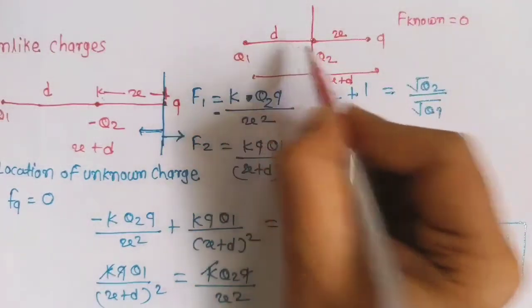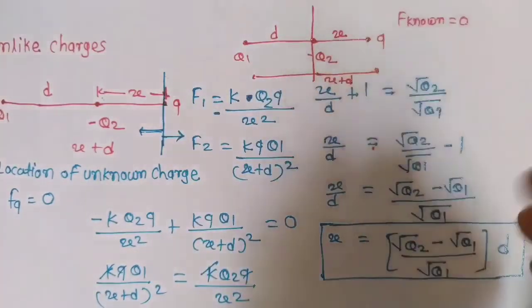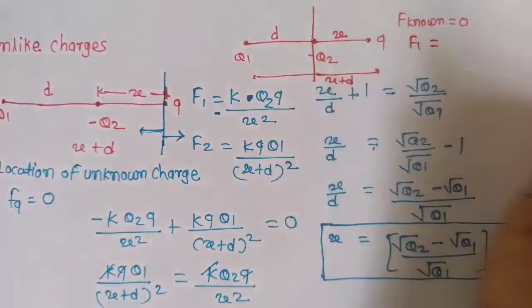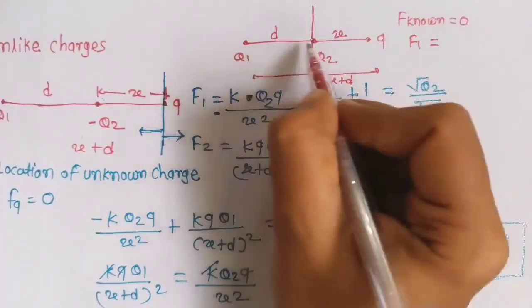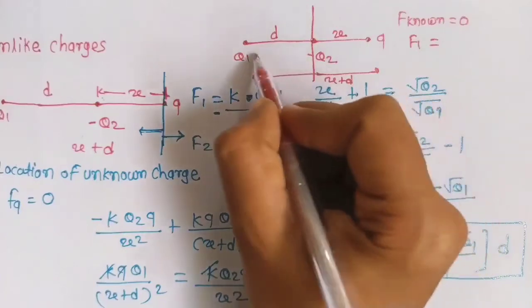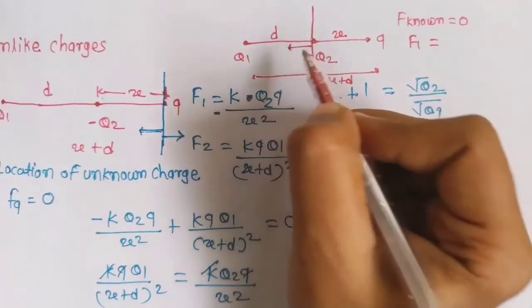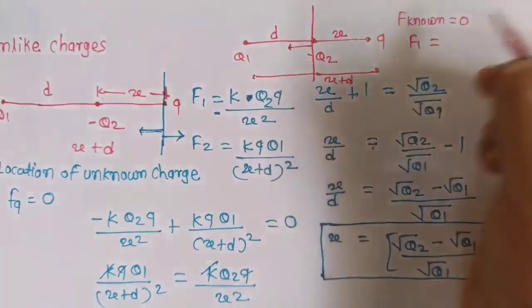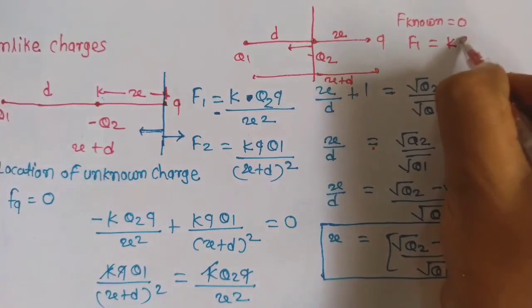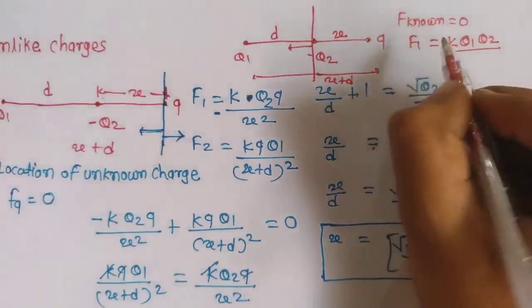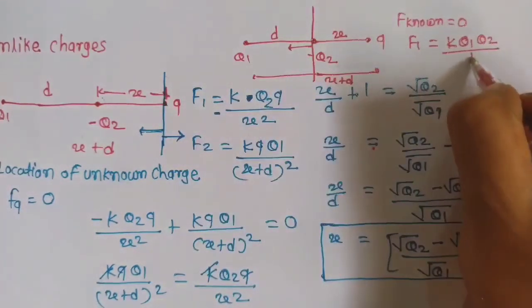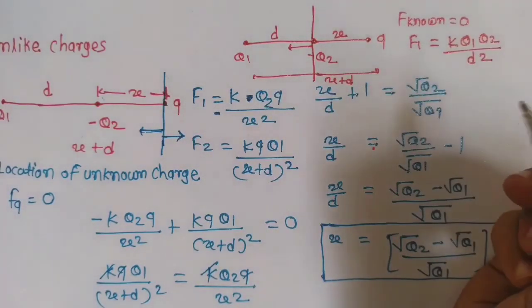So we find the net force on the charge minus Q2 due to the charge Q1 and Q. So first we find F1. That is F1 is equal to, due to the charge Q1, so both have opposite sign, therefore they attract each other and the direction is towards the charge. So k Q1 Q2 upon the distance between them, d square. This is F1.